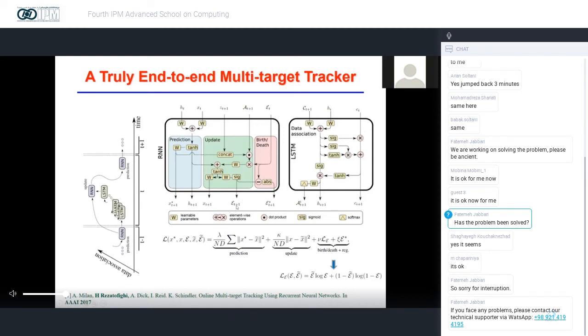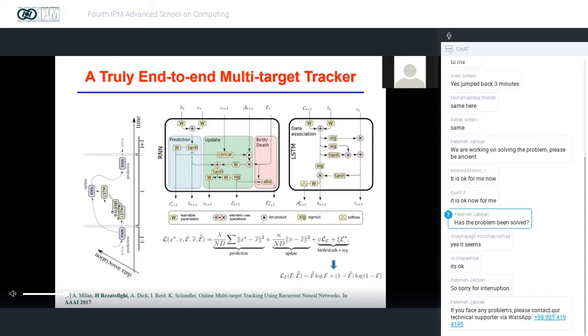To deal with initiation and termination, we rely on a binary variable to say whether the target is alive in this frame or not. If it is not, and it is not the start, that means the target is not initiated. If the target existed before but this binary variable is 0, it means it is terminated. So we rely on this binary indicator to learn to predict initiation and termination.